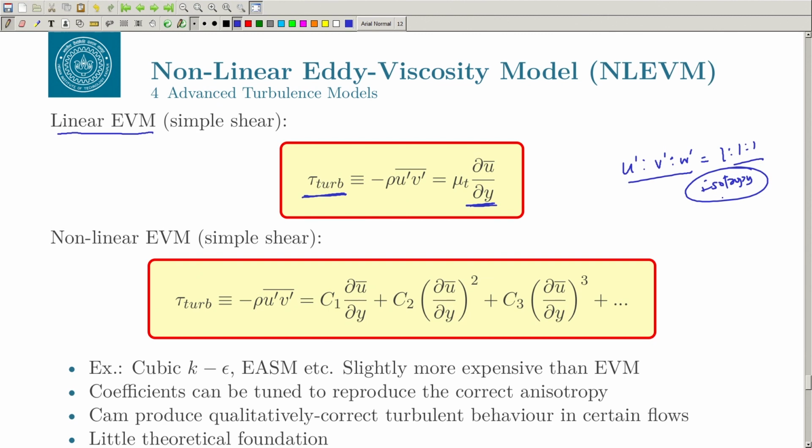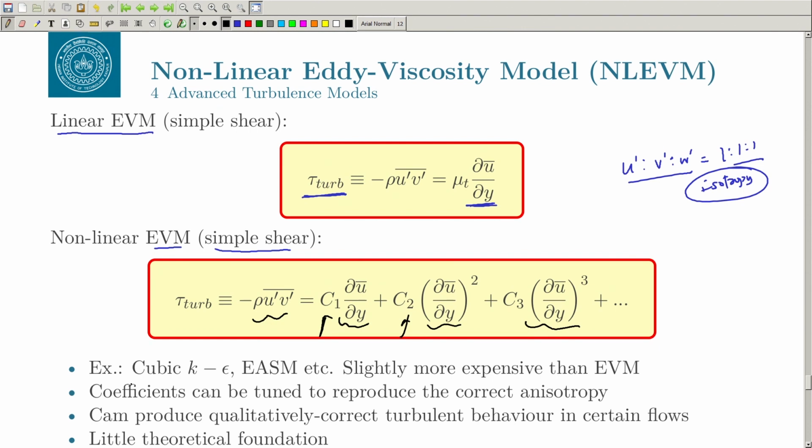So, what these non-linear eddy viscosity models do, and I have written it only for the simple shear flow, is that they make the Reynolds stress depend not only on the velocity gradient linearly, but also in a quadratic or cubic way, and so on. As you would understand, this makes the model more expensive. But these models work in certain flows.